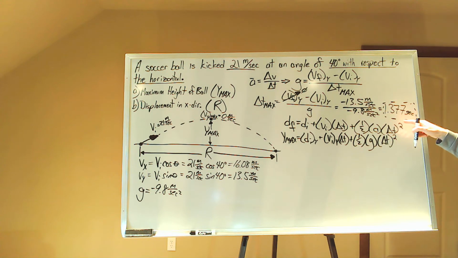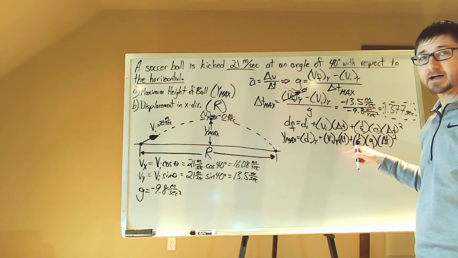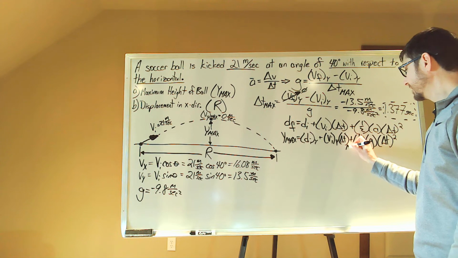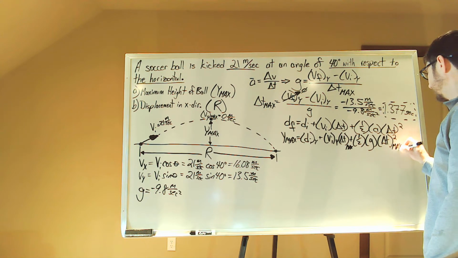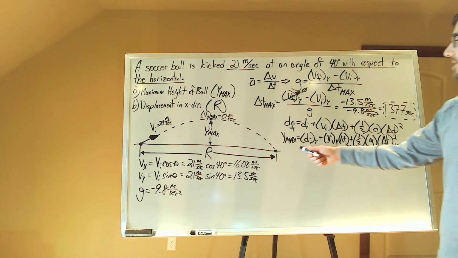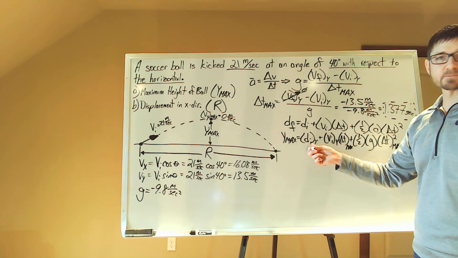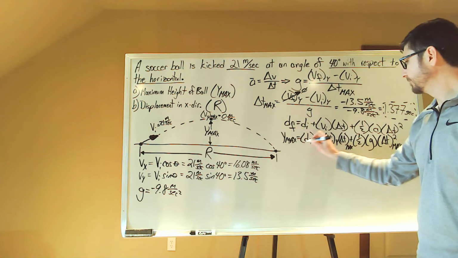And you guys have already calculated this at 1.377 seconds. So let's put a subscript to help identify this variable of time. Let's add max, because we're looking at delta t max. Now, it's very interesting here, the initial displacement in the y direction. We're looking at our picture, it's 0.